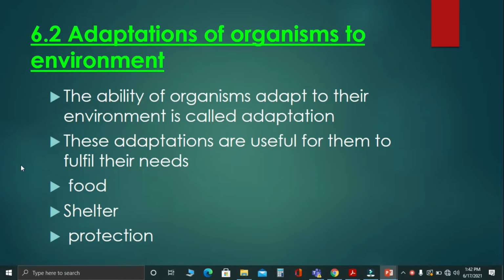Why do they have adaptations? To fulfill the animals' needs. What are the needs of animals? Food, shelter, and protection. These are some basic needs for animals. Adaptations help to fulfill these needs.